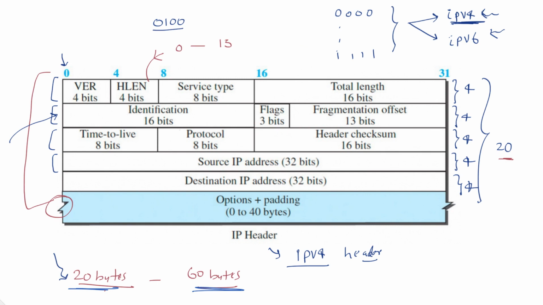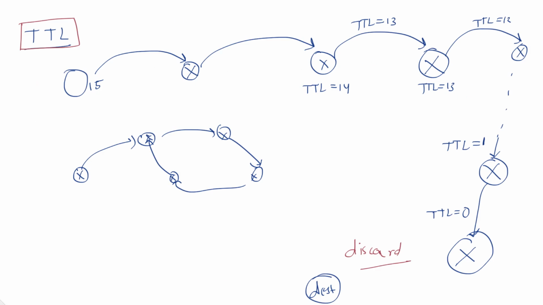Now the next field is protocol. This protocol field is used to tell what higher level protocol we are using, which means whenever you are using this IP header, IP can encapsulate any packet.